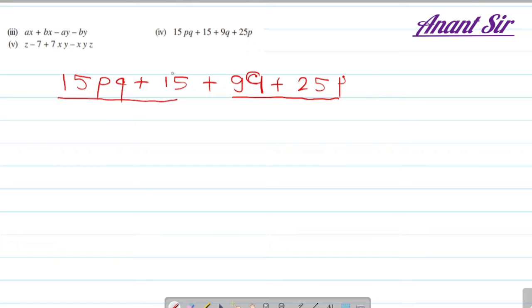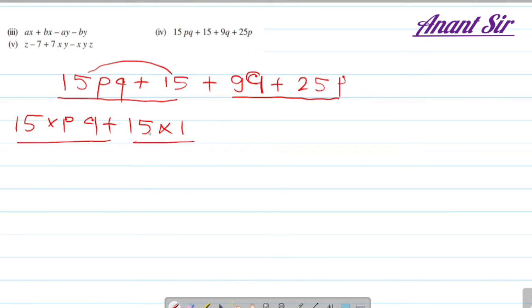So 15 and 15 it is, so we don't need to factorize, we have the same number, right? 15. So 15 into p into q, and I will write this as 15 times of 1. So first term, second term. What is it that I can take common from both? It's 15. So if I take 15 common, then what remains in the bracket will be pq plus 1.